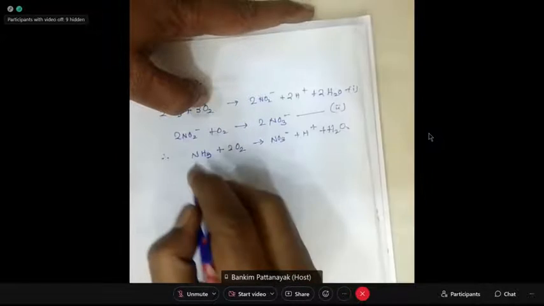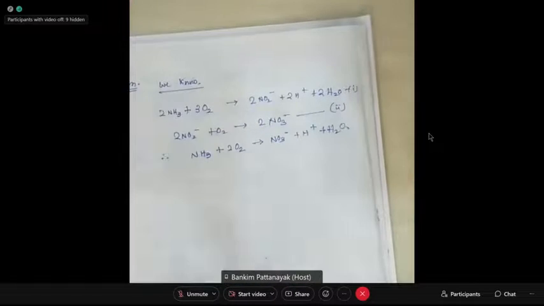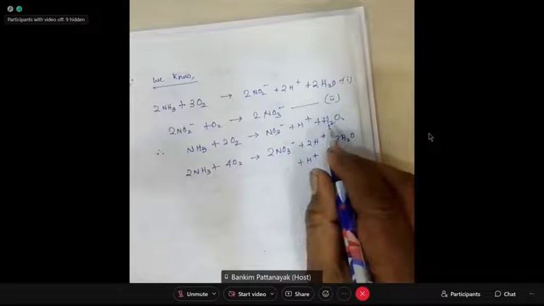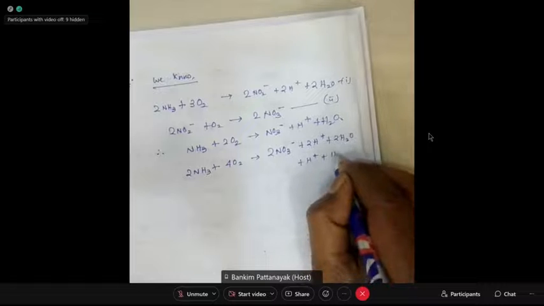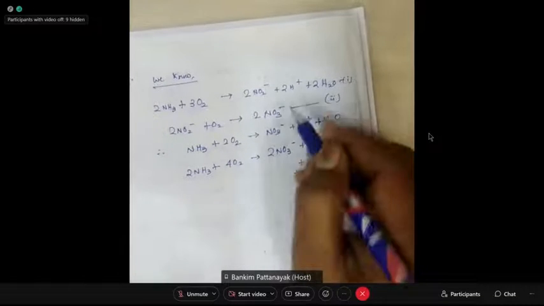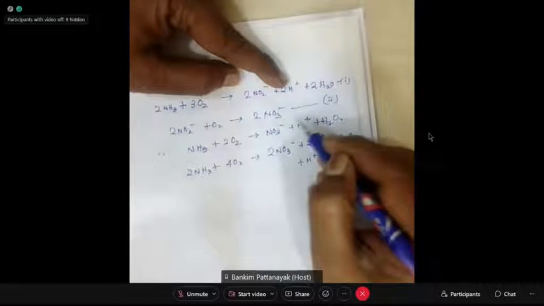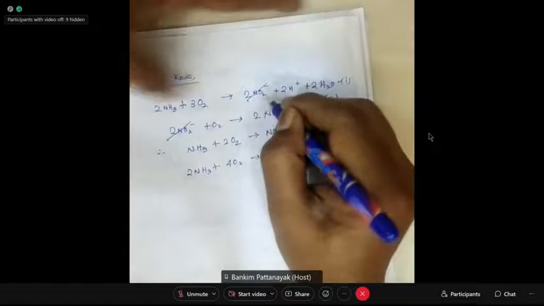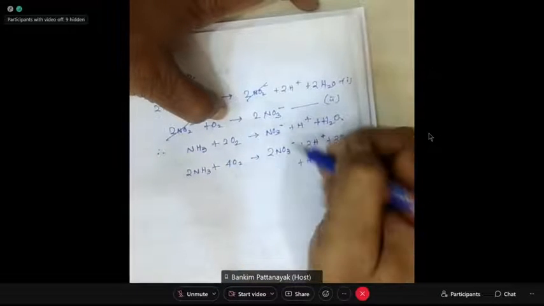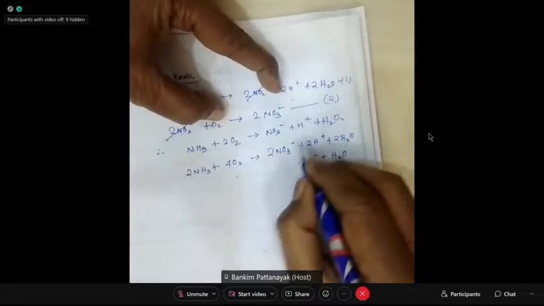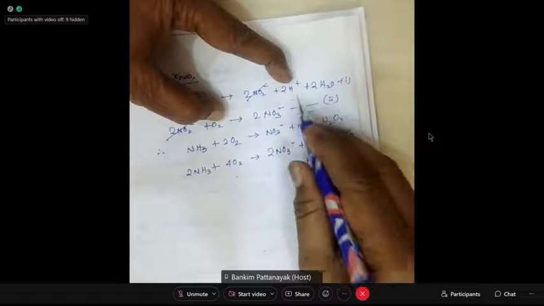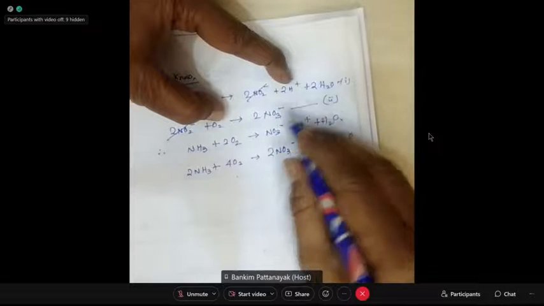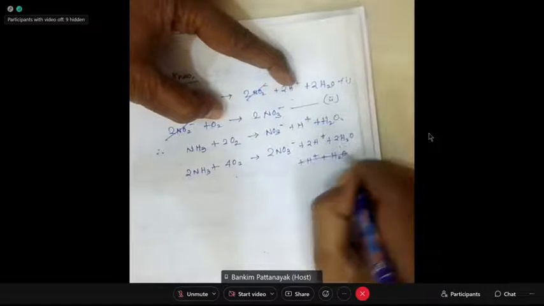2NH3 plus 4O2. Let me write. Sorry, 2NO2, what happens when we add these two? This will cancel out, 2NH3 plus 4O2 on the left hand side. On the right hand side, you have got 2NO3 minus plus 2H plus 2H2O.